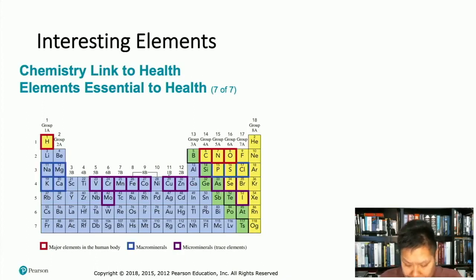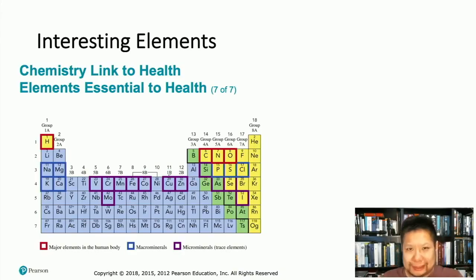Blue are the macro minerals, which are in higher amounts but lower than the major elements. And then there are the micro minerals, of which we have trace amounts. This is not anything you really need to know for a test or anything like that.